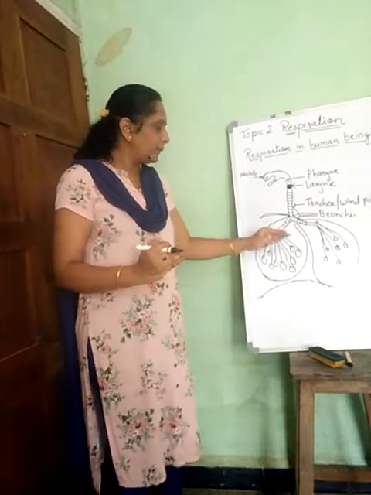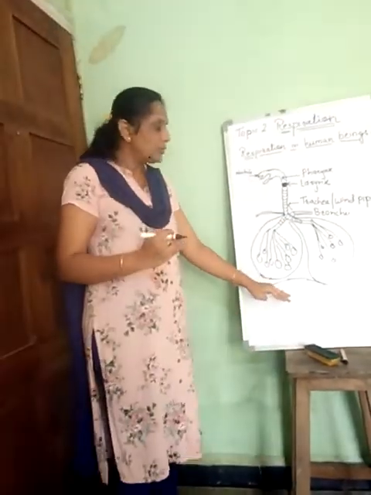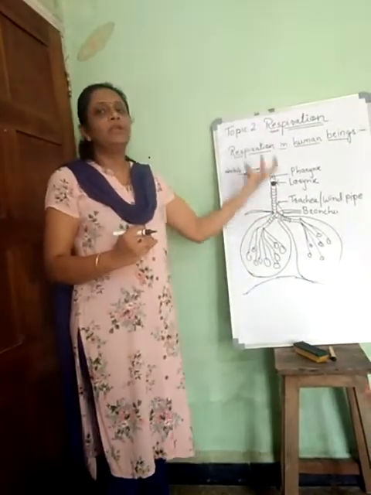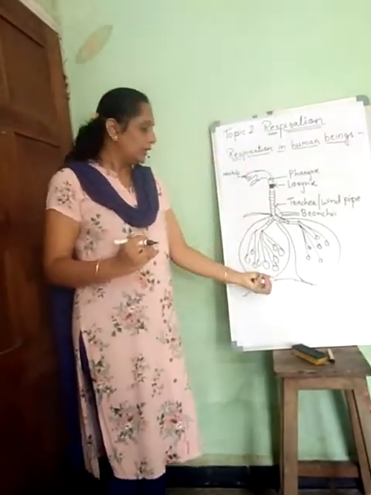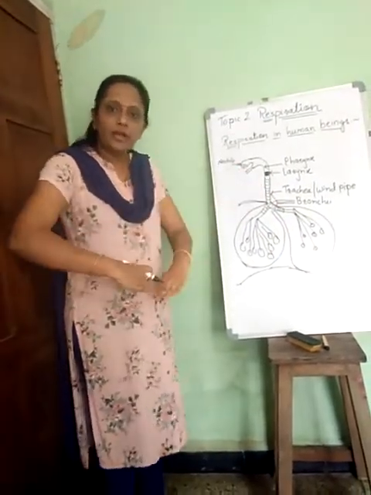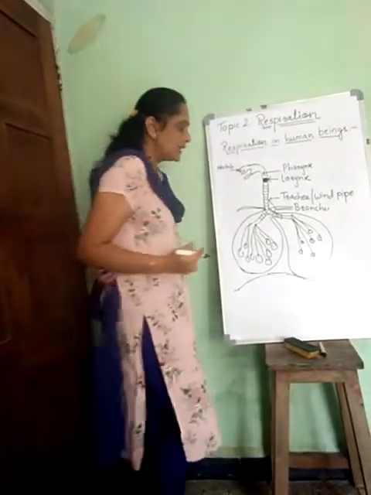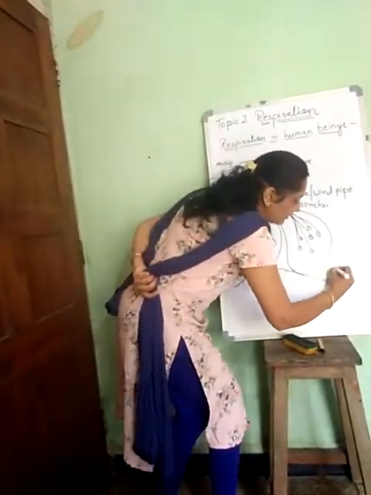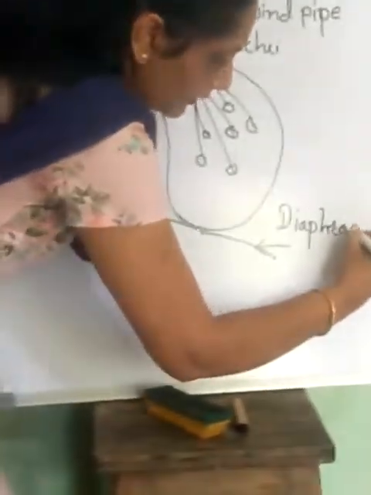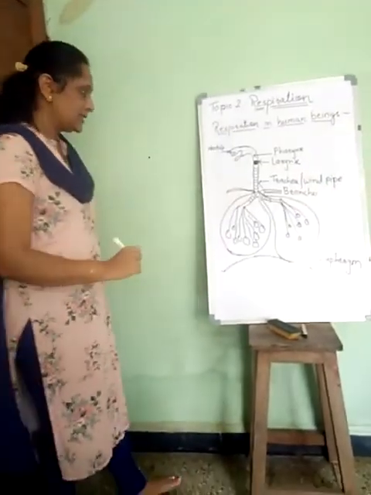This diaphragm separates the chest cavity and the abdominal cavity, and it helps in taking in the air and giving out the air. When it expands, the air is given out, and when it contracts, the air is taken in. So the diaphragm is also a part of the human respiratory system.